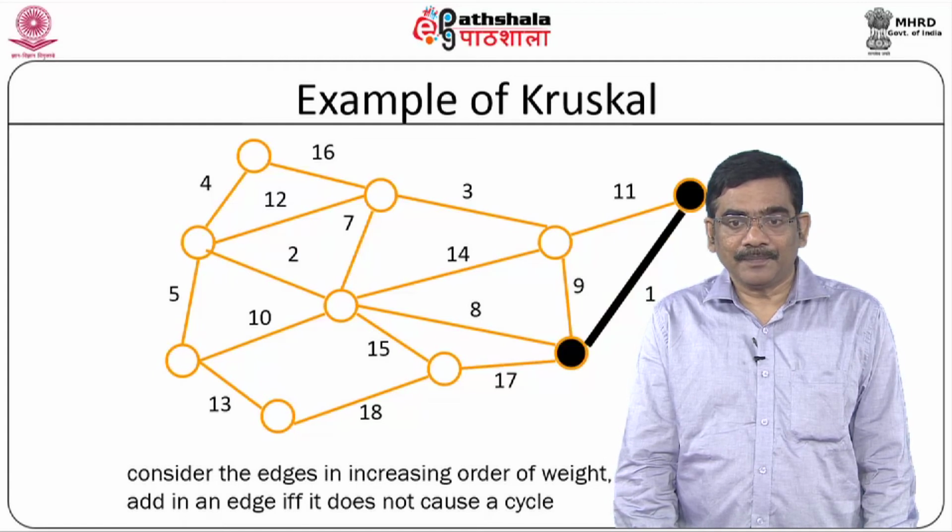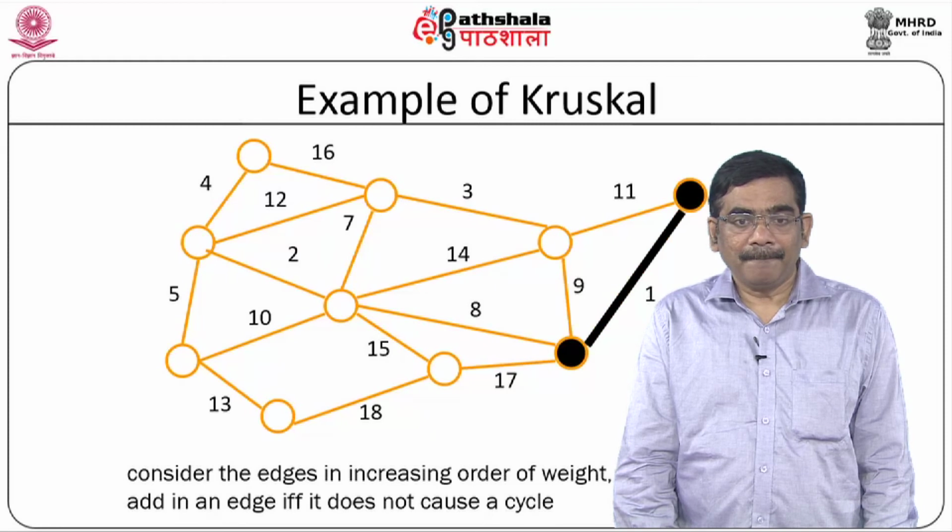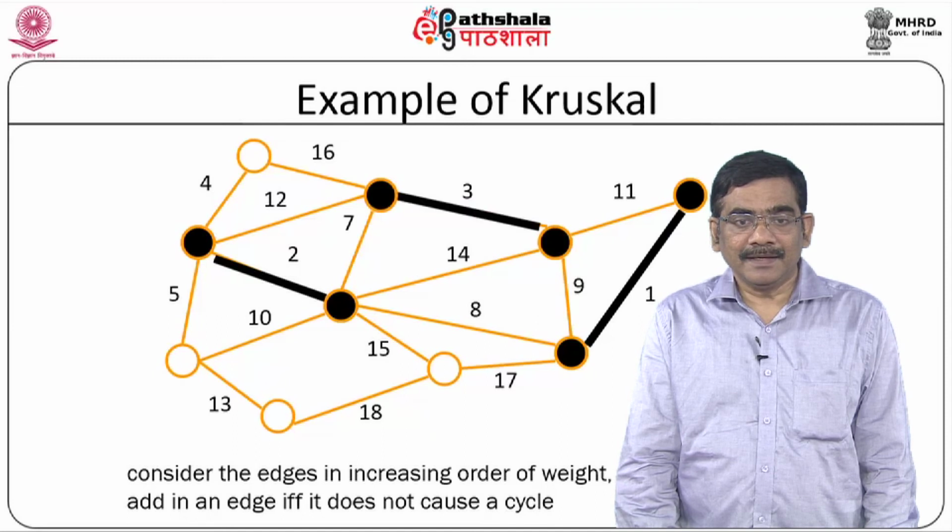So, let us try. 1 is the minimum, then 2 is the minimum. I can add this because no cycle is created, then next is 3, then 4, no problem, 5 is also not a problem at all.